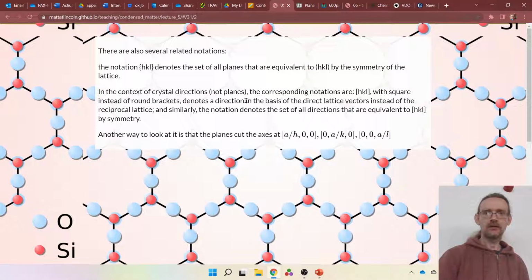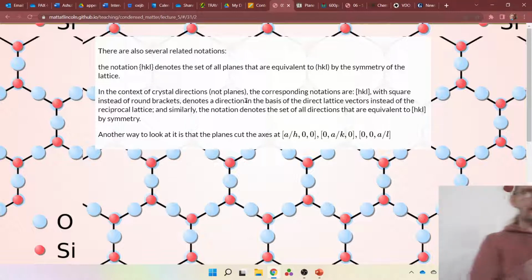and what you find in the end, again this is the definition of the normal vector, is that the planes cut the relevant axes at a divided by the index in that direction.